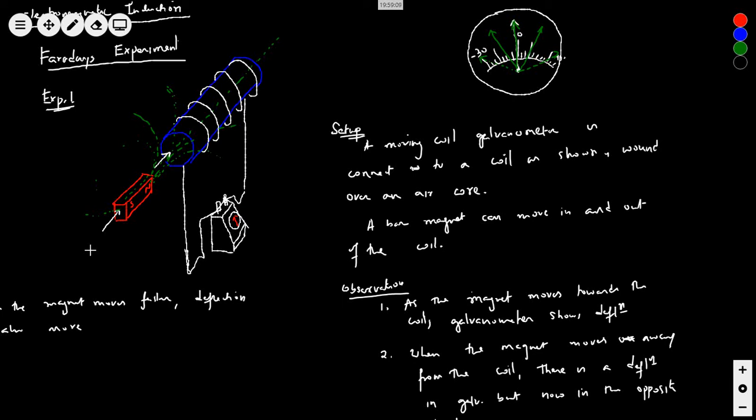Correct? What about the last point? The fourth point: when the magnet moves faster, the deflection is also more. That means the magnitude of this induced EMF depends on the rate of change of magnetic flux.